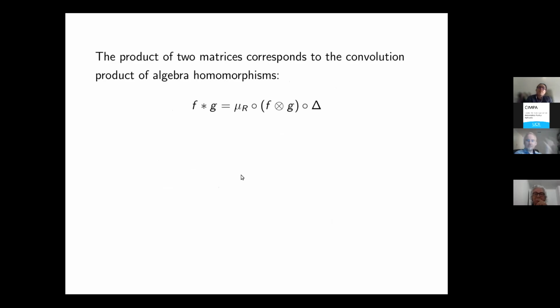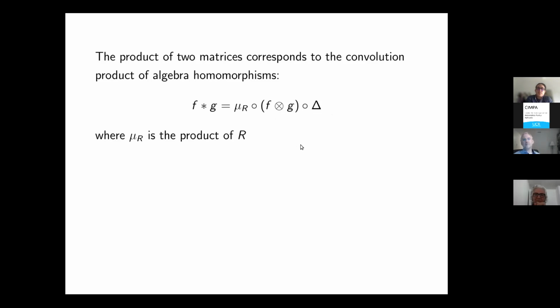So if my first matrix corresponds to an algebra homomorphism F, and my second matrix corresponds to an algebra homomorphism G, then the matrix product corresponds to this convolution product F star G, which is defined as, first apply a certain coproduct, which I still need to tell you about. This is coming below. Then I apply the tensor product F tensor G, and then I multiply these together in the algebra R. So I have to specify what this delta is.